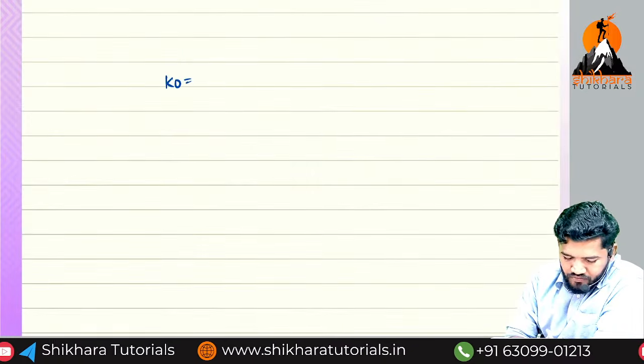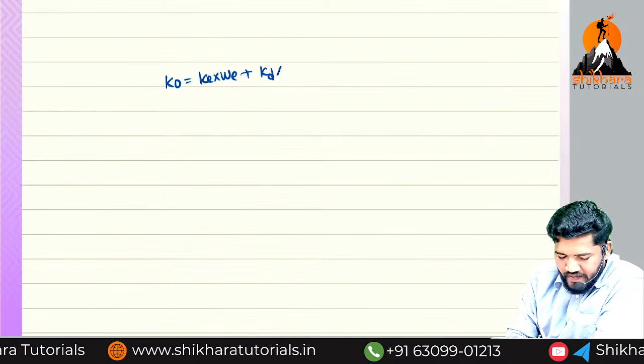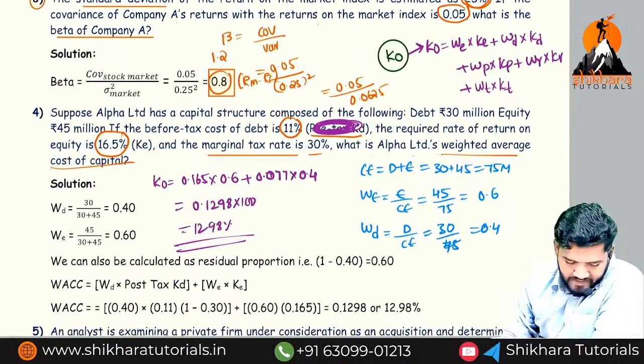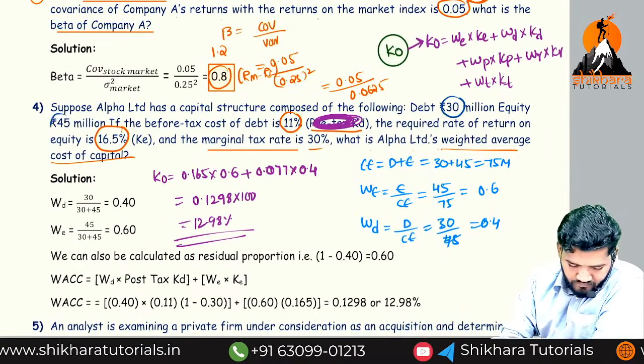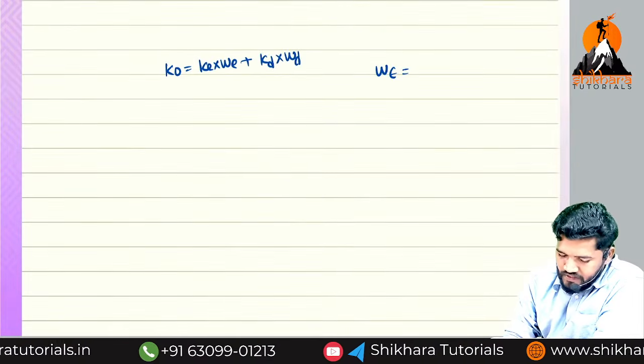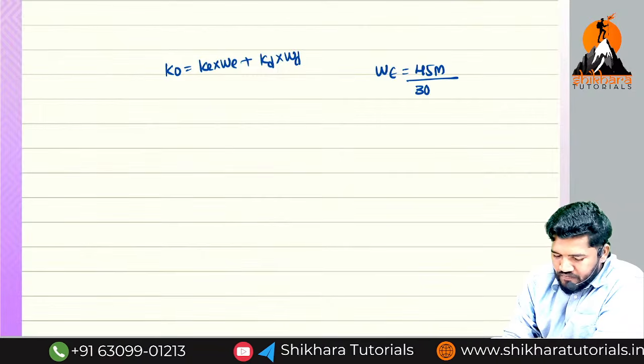KO equals KE into weight of equity plus KD into weight of debt. Where are the weights? Weight of equity equals 45 million divided by 30 plus 45.